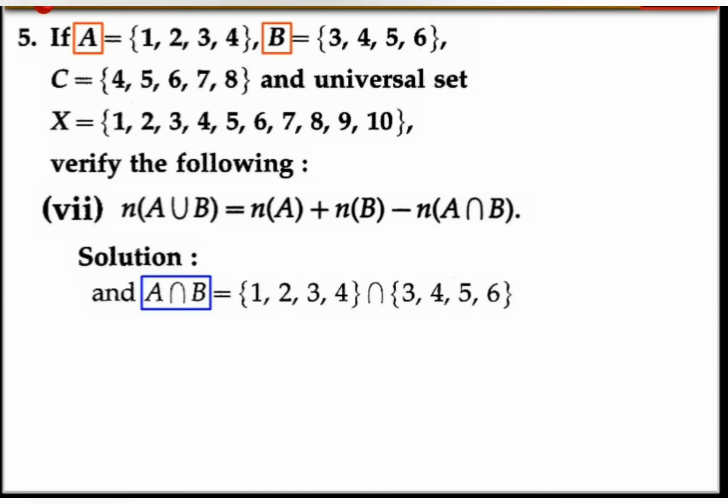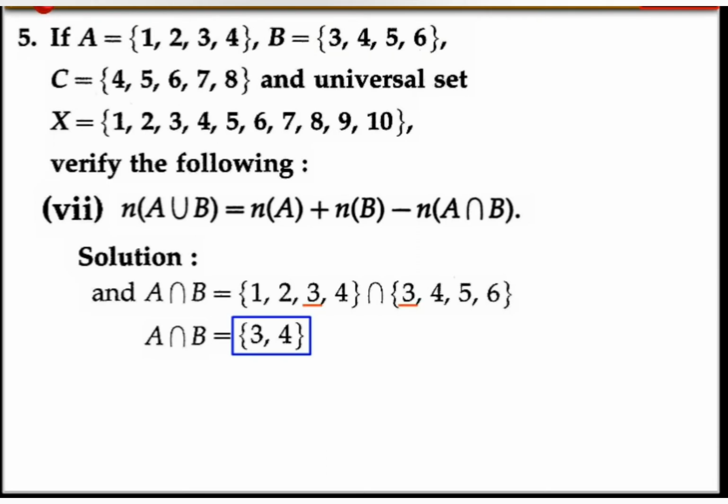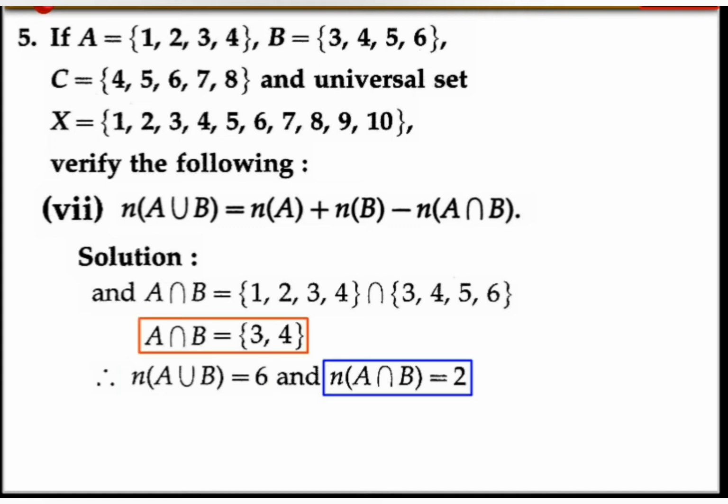And A intersection B is equal to set of 1, 2, 3, 4 intersection set of 3, 4, 5, 6. That is set of 3, 4. Now number of elements in A union B is equal to 6 and number of elements in A intersection B is equal to 2.